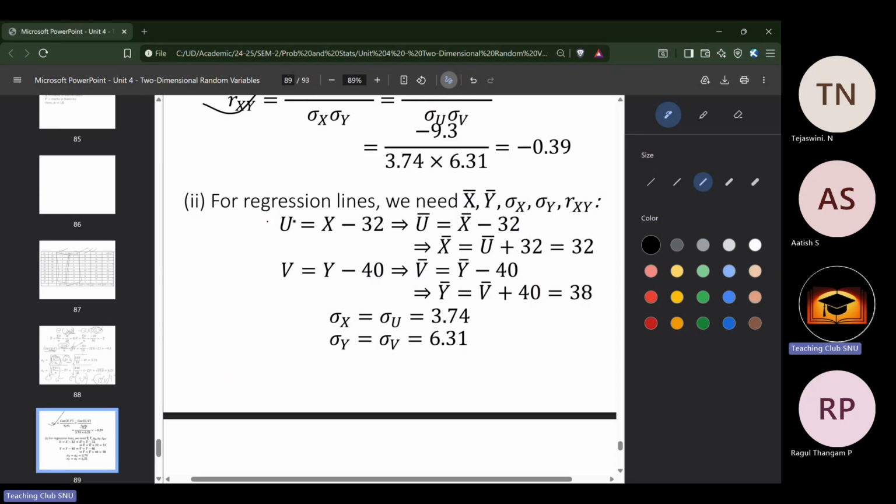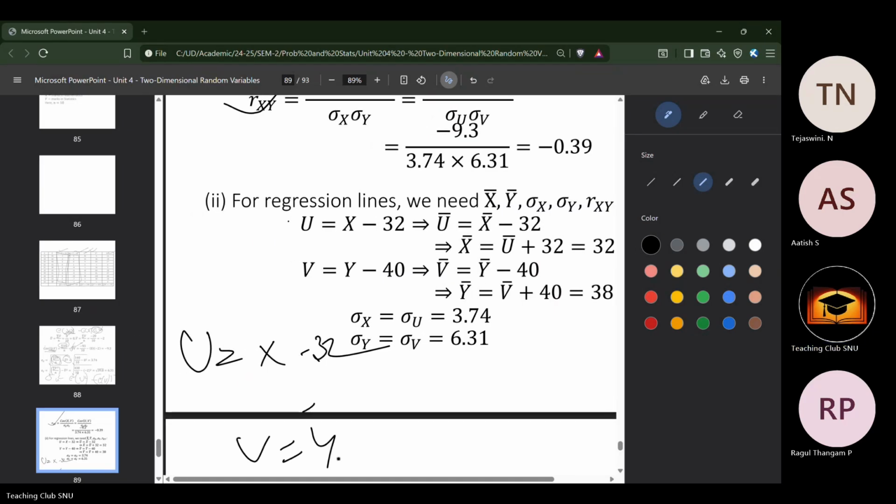But don't you think it should make some difference in the overall value? So what did I substitute? I substituted u is equal to x minus 32, v is equal to y minus 40. Then let's take expectation both sides. Expectation of u is equal to expectation of x minus expectation of 32. Expectation of a constant is just a constant.